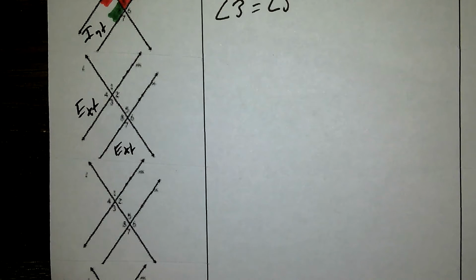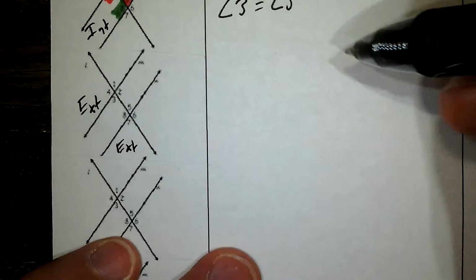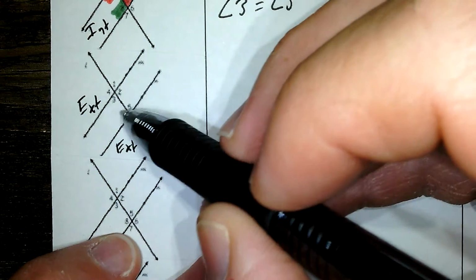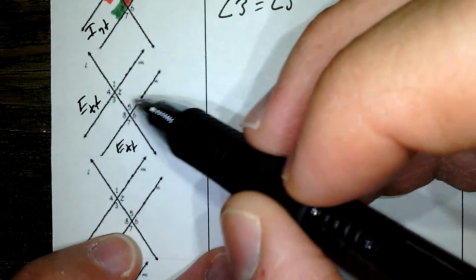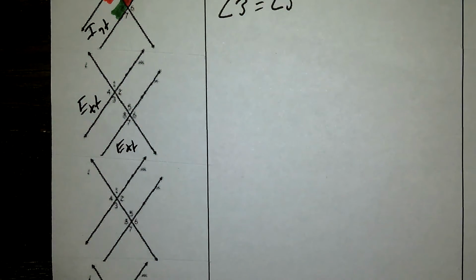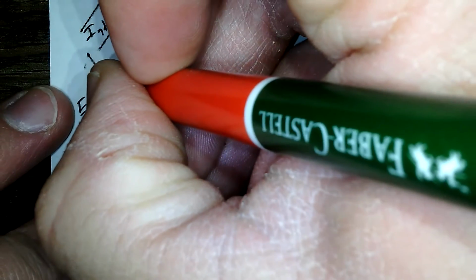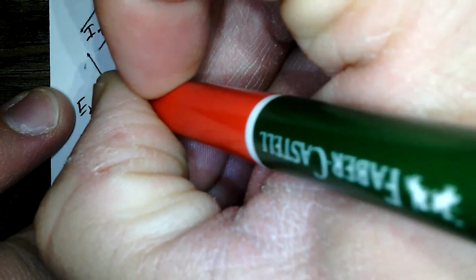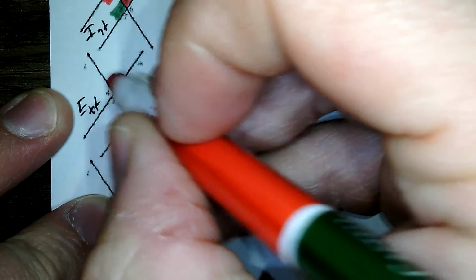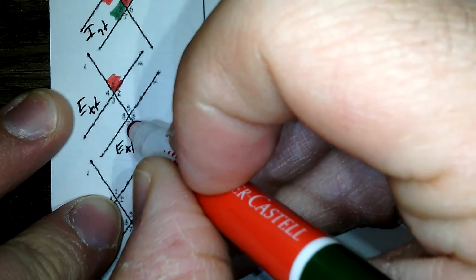Okay, next up is alternate exterior angles, meaning they're on opposite sides of the transversal. Exterior meaning they're the exterior angles. So we're not worried about 2, 3, 5, or 8. We're only looking at 1, 4, 6, and 7. If we look at angle 1, the alternate exterior to angle 1 would be angle 7.